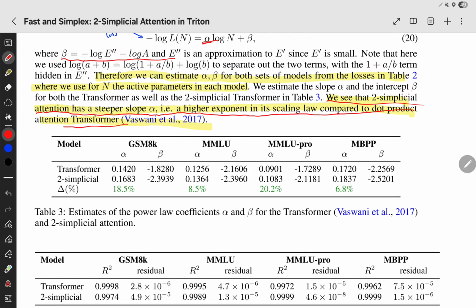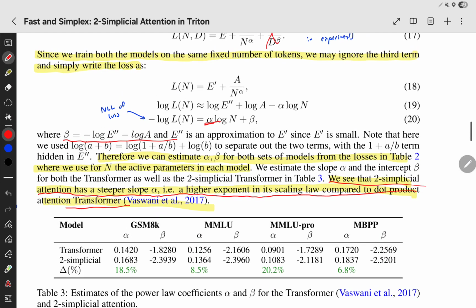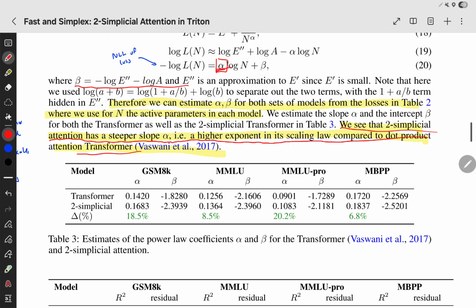They basically say that normal models kind of just shift this value around and they leave alpha the same. So normal changes in your architecture don't really change alpha. But they show empirically, not theoretically, they don't theoretically show anything for alpha, that if you add this third axis and you use their 2-simplicial attention mechanism, the scaling laws for the number of parameters change.